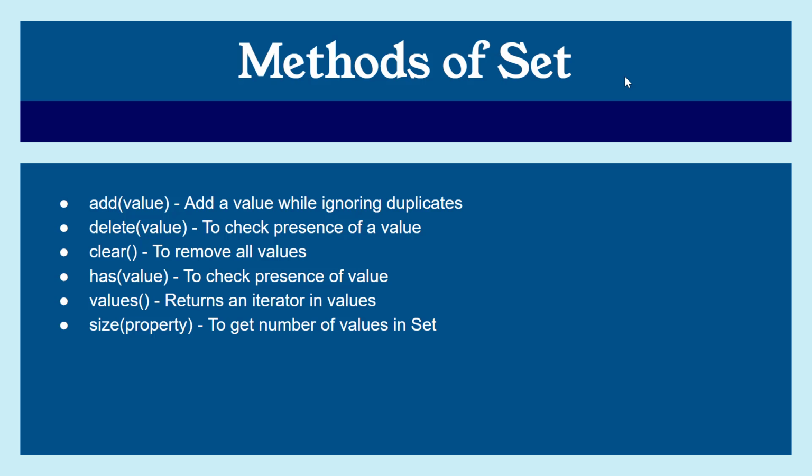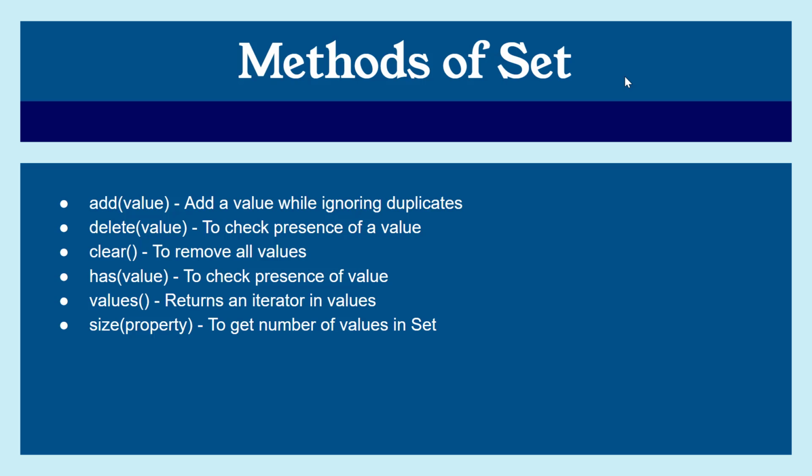To iterate a set, we have many ways, and we can use methods like values. We can use keys and entries as well with set, but those are more meaningful for map. And similar to map, we have a property called size to get the number of elements in a set. This is not a method but a property.